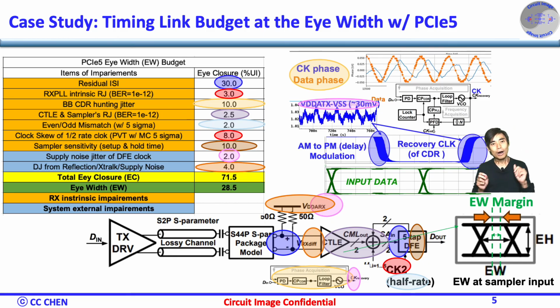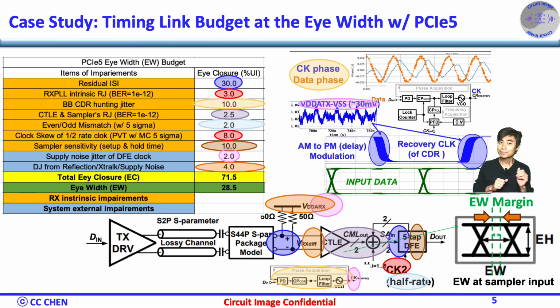Second, our RX EQ results show the residual eye-side only DJ equals 12% UI. Third, the intrinsic peak-to-peak RJ of the data path is 2.5% UI for bit error rate 1e-12. Fourth, the DJ from reflection, crosstalk, and supply noise shows 4% UI.